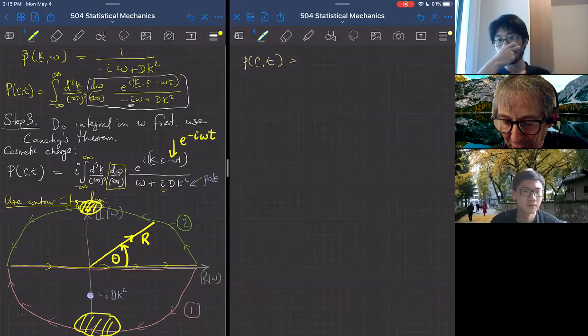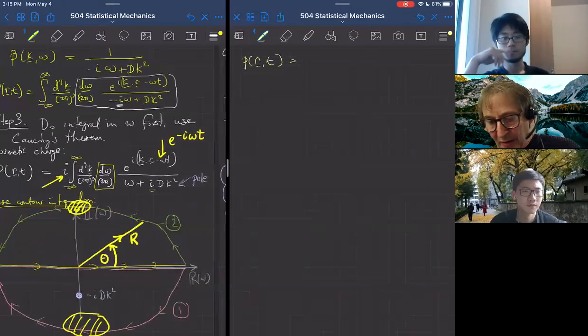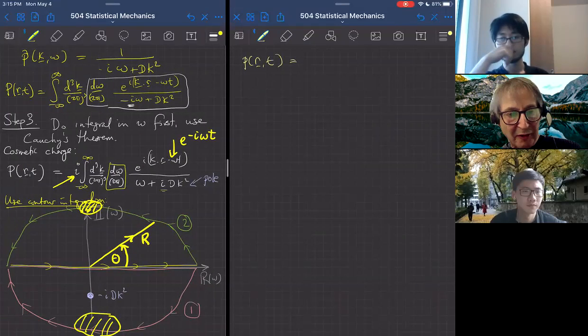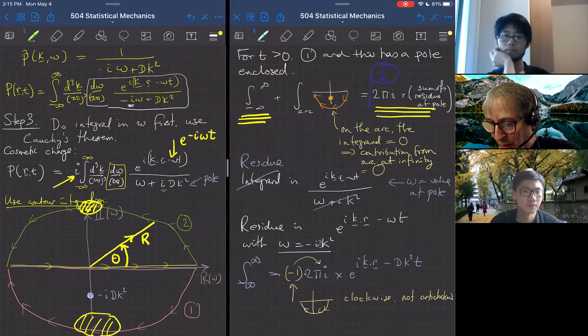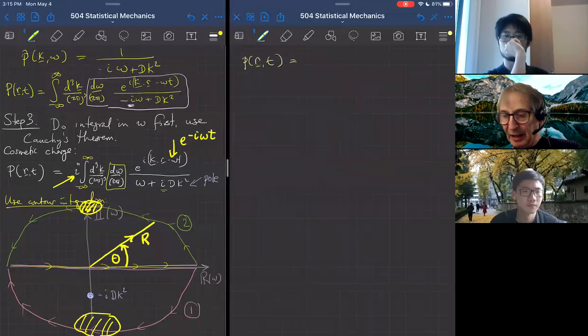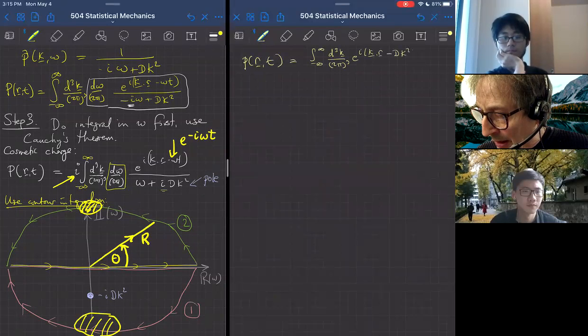So remember, in this final formula, we have this factor of minus i over here, which I put in order to keep track of things. So what that means is that minus i, that factor of i, will multiply this factor of minus i in here to give you a +1. And so now what you get is that P of r and t is the integral from minus infinity to infinity d3k over 2 pi cubed e to the i k dot r minus d k squared t.